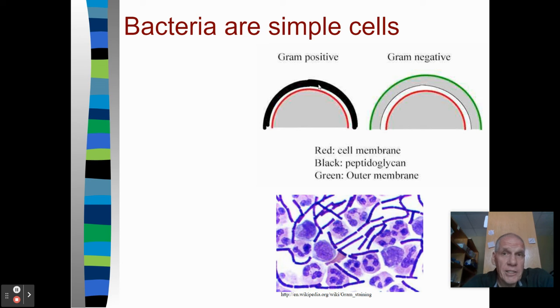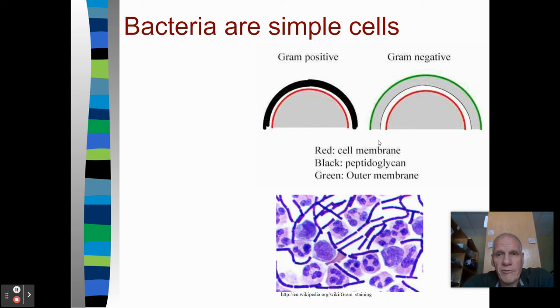And we can divide the bacteria into 2 groups, gram-positive and gram-negative. In gram-positive cells, and similar to gram-negative cells, they both have, of course, a cell membrane. And in gram-positive, that cell membrane is surrounded by a thick peptidoglycan layer, which is a protein-sugar layer. Whereas in the gram-negative cells, we have a very thin peptidoglycan layer, and then it has an additional membrane around it.